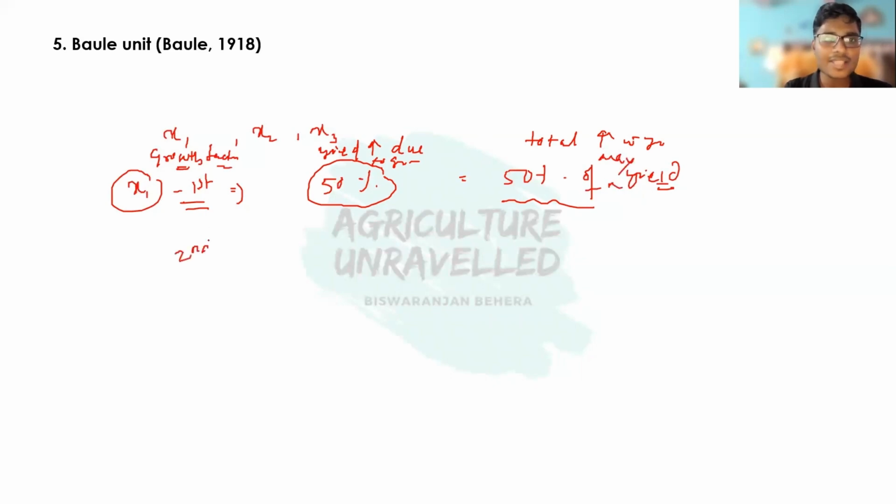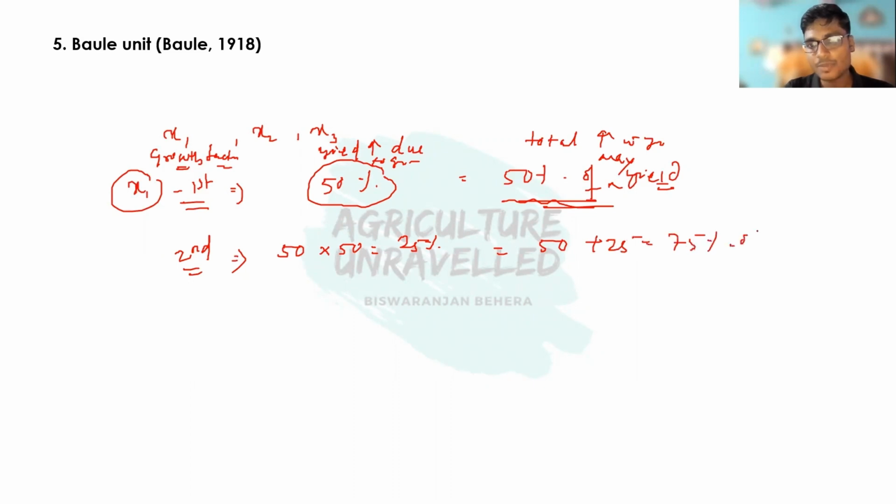Then when we applied the second Boule unit, it will give 50% of the preceding one. The first Boule unit gave 50%, so the second Boule unit gives 50% of the 50, that is 25%. Then what will be the total increase? That is already 50% plus 25%, so 75% of the maximum yield. So due to this second Boule unit, the increase is 25% and the total increase is 75%. I think it is clear.